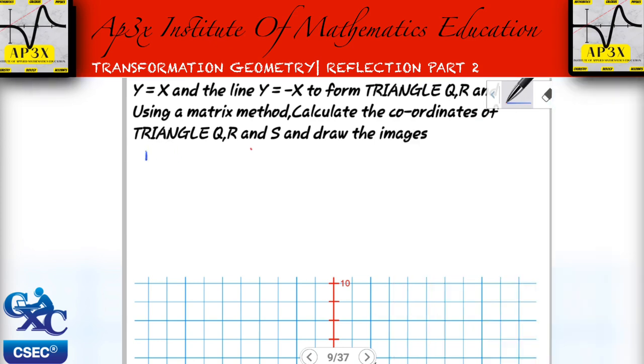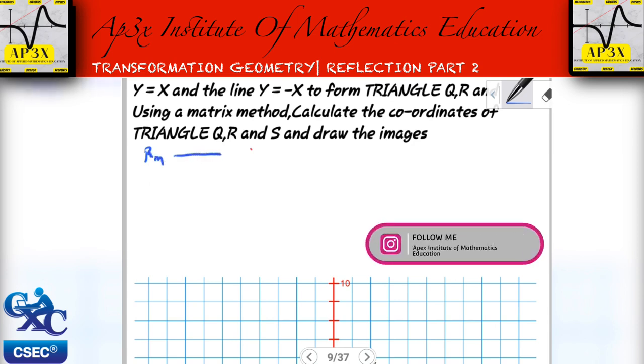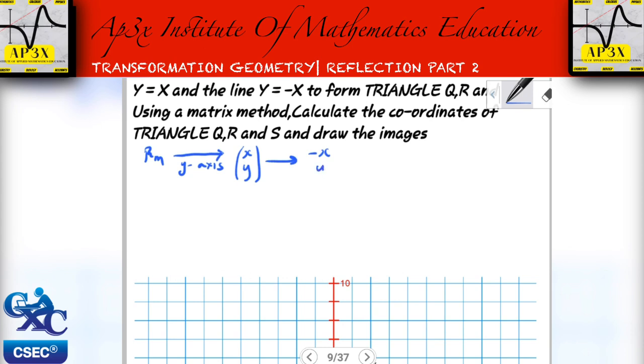Now we're looking at again the reflection matrix for, in this case, the y-axis. So that's the y-axis. And so for this we're looking at the fact that (x, y) will change the x value, the x ordinate, and the y is therefore going to remain the same.